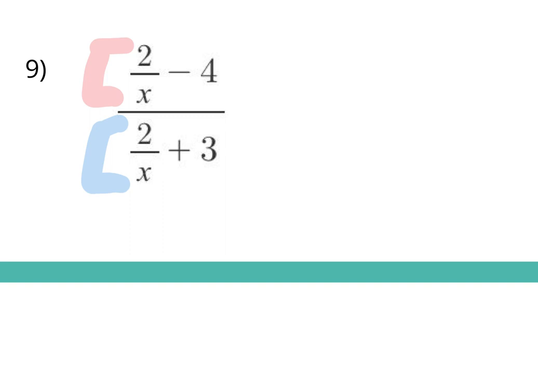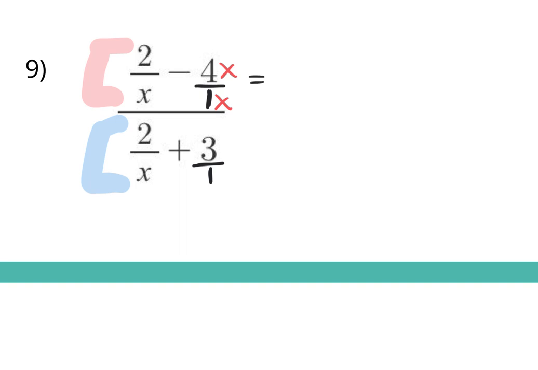So in order to subtract and add, we have to have like denominators. Well, underneath the 4 is a 1, same with the 3. So if we look at our numerator, x and 1 are not the same denominator, so I cannot subtract those. So what do I need to make the 1 into to make it the same? X. So that means I have to multiply both the 1 and the 4 by x.